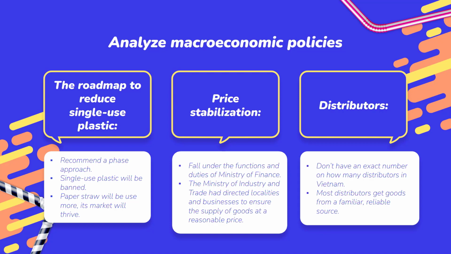Distributors can get goods from many different sources. However, different distributors in the same area mostly get goods from the same familiar and reliable source. Some even get goods from foreign sources with better quality, but this also increases the price because of import taxes.